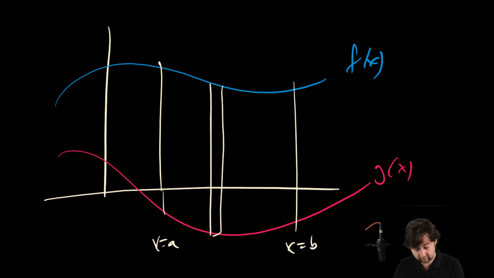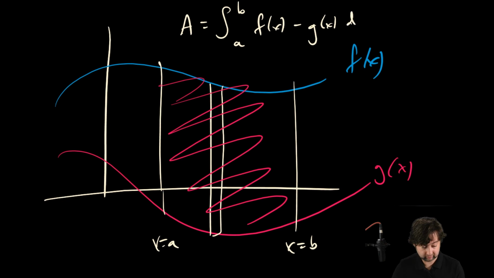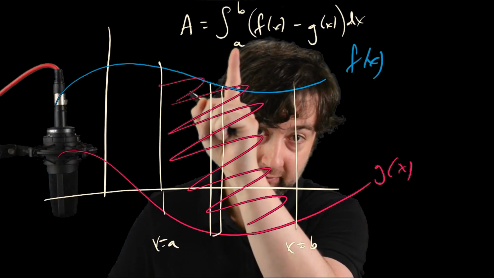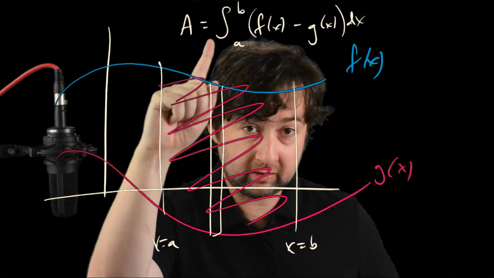And so that means that I can conclude that the area of this entire region A is equal to the integral from a to b of f of x minus g of x dx. And the intuition that I want to take away from this formula is that the a tells you where to begin the region, right? Essentially, the integral sign means sum.